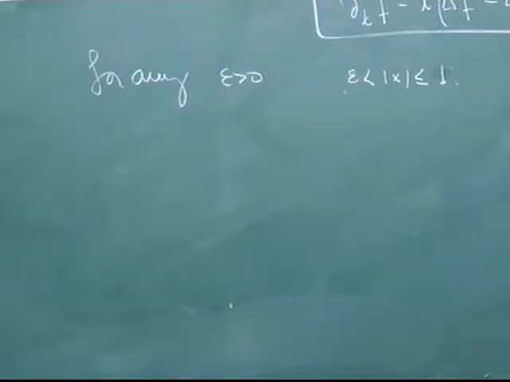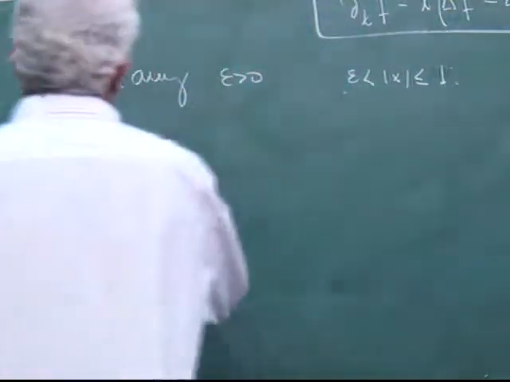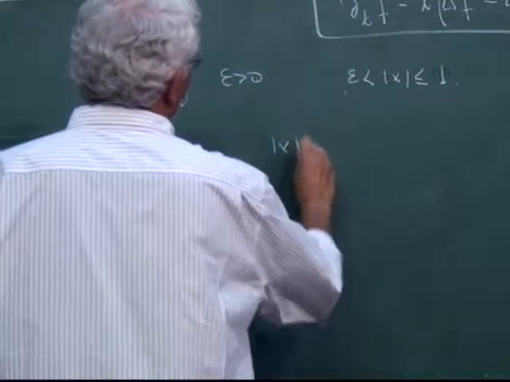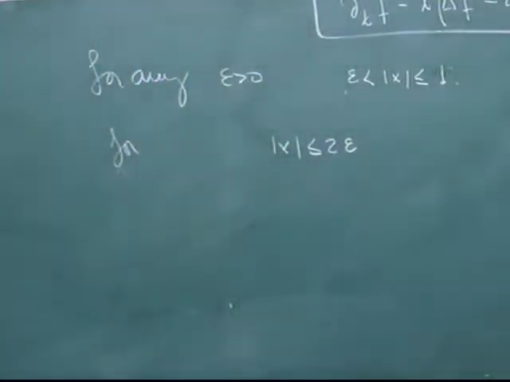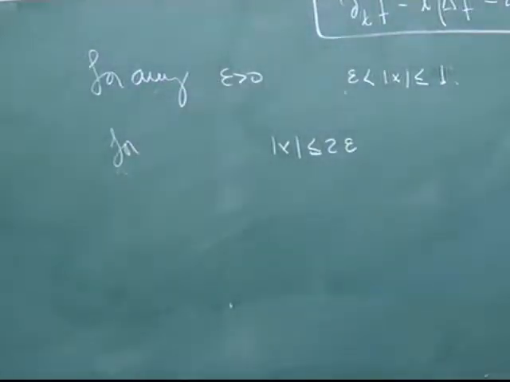Now, what do you do for x less than 2 epsilon? Now you use this part. You haven't used this part yet. This is going to be the Poincaré inequality. What do you mean, Poincaré?